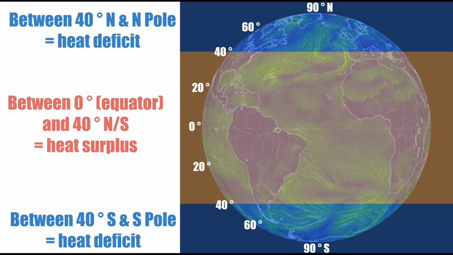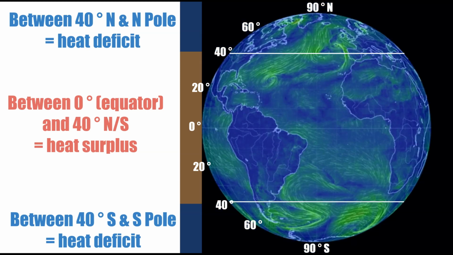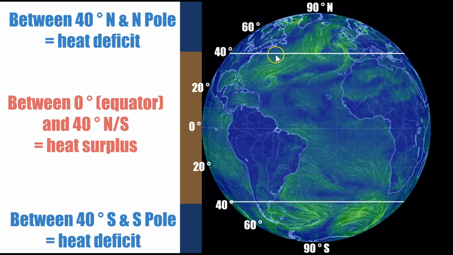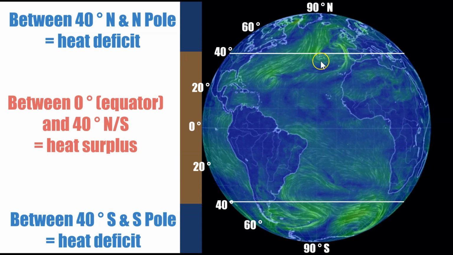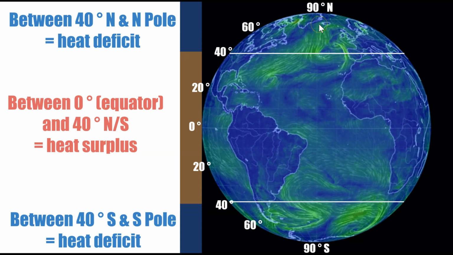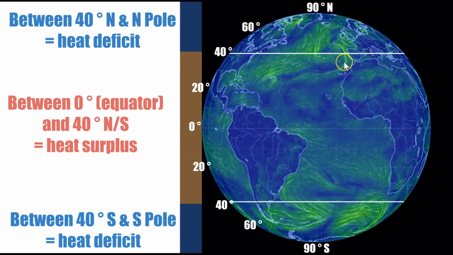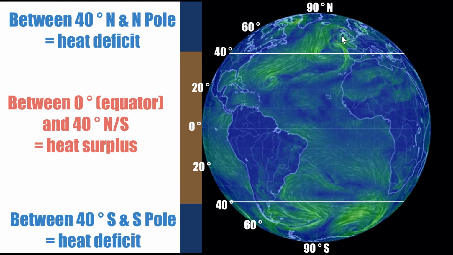Now, the reason why Earth Null School is such a good way of illustrating it is because we have the air circulation on it, and you can actually see this in operation. So if I just slide those over a little bit, we've still got our surplus and our deficit, 40 degrees being the key point. What you can see here is the warm air going from the area of surplus up towards the area of deficit.